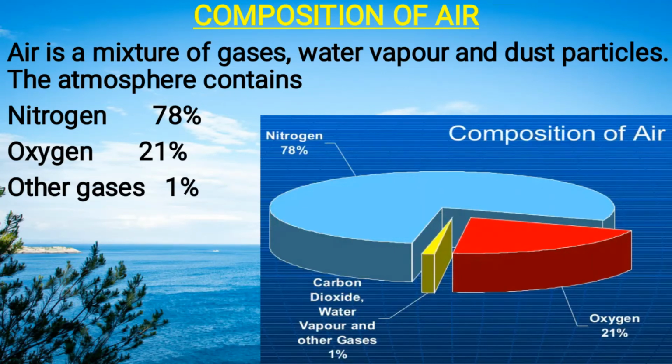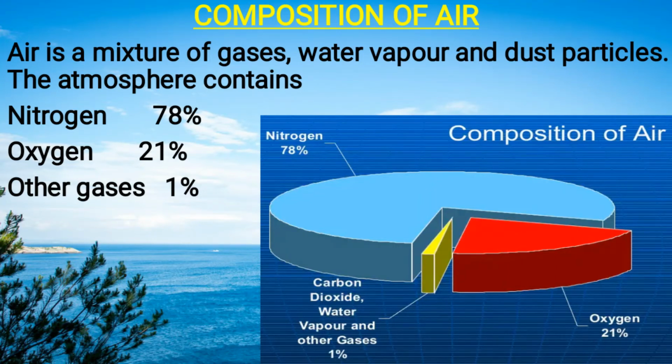Oxygen gas is essential for burning and for all living beings. Plants use carbon dioxide for the process of photosynthesis. Helium gas is filled in gas balloons. Argon gas is filled in electric bulbs.